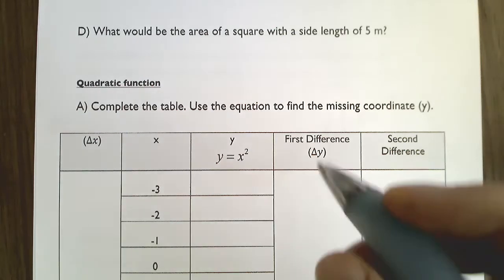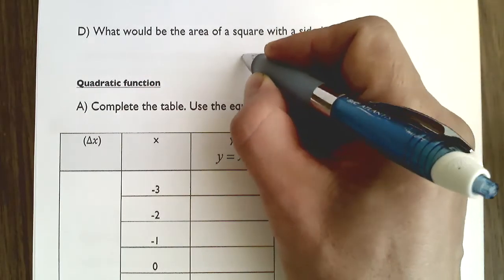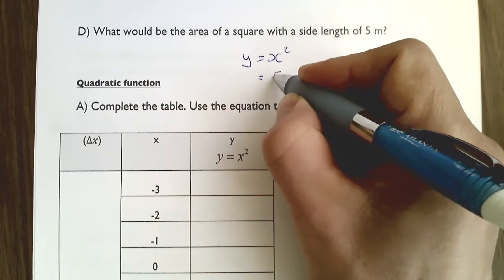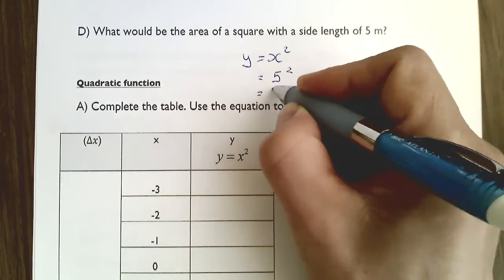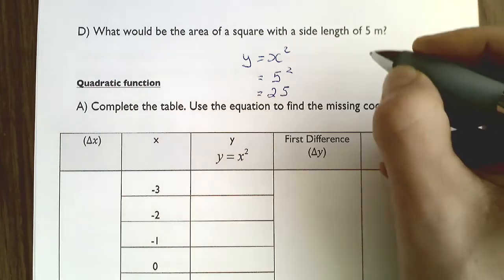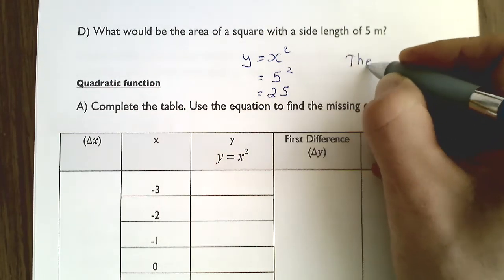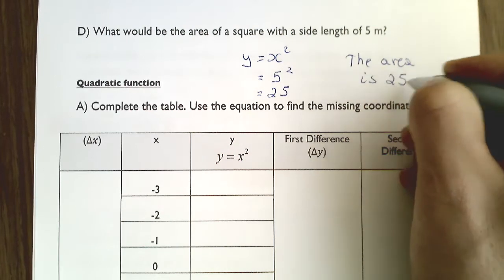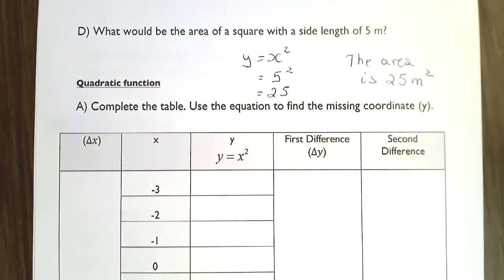We'll use our equation, y is equal x squared. The side length was 5, so it's going to be 5 squared, and the answer will be 25. So the area is 25 meter square.